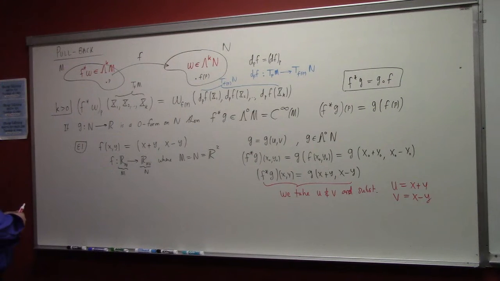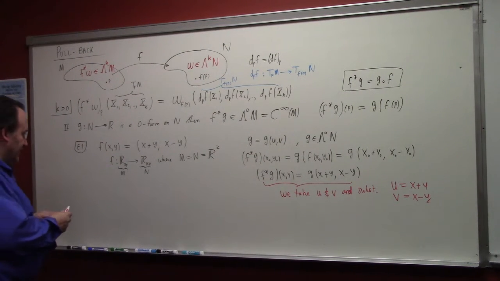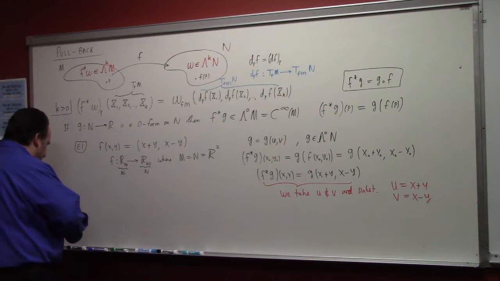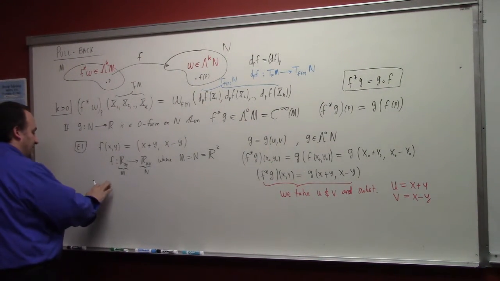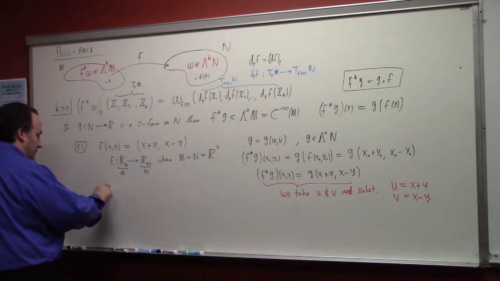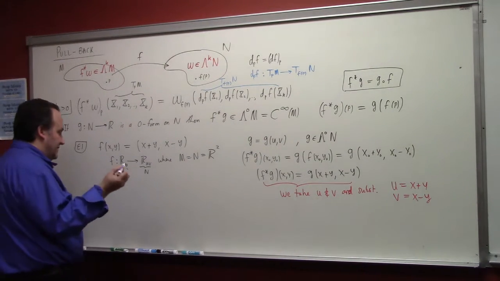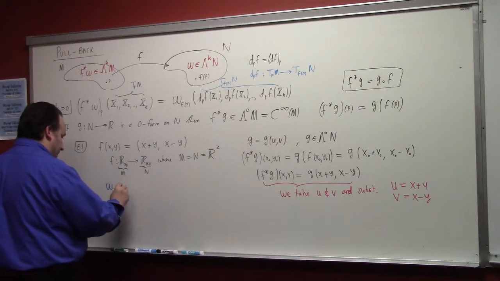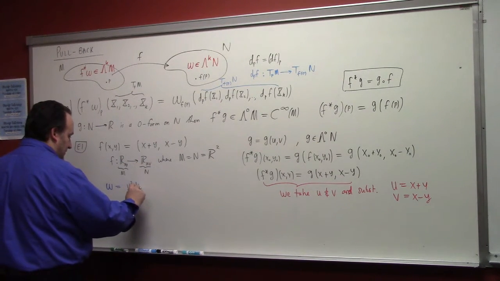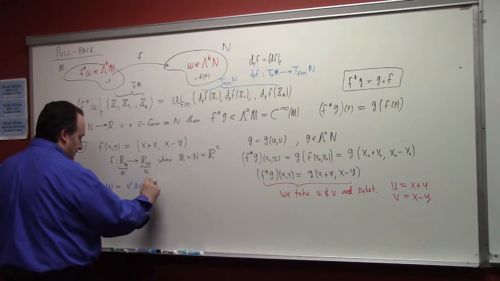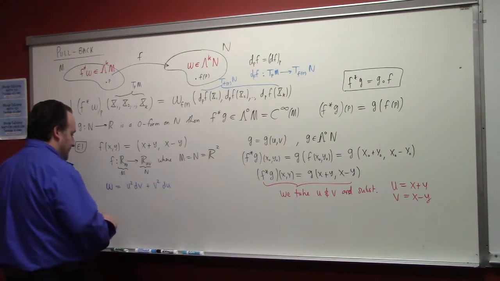Okay, so let's try this out on something a little bit more interesting. Let's look at a one form. Let's say omega, to keep with my notation, equal to u squared dv plus v squared du.